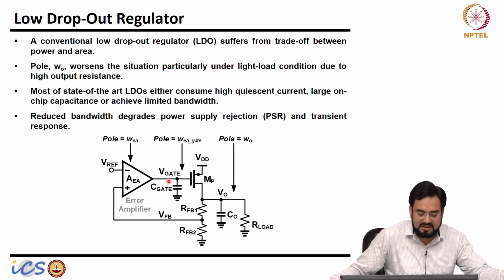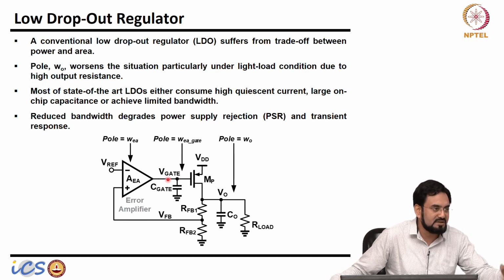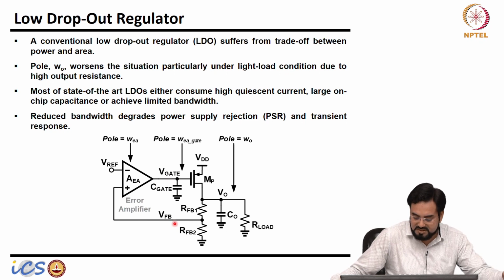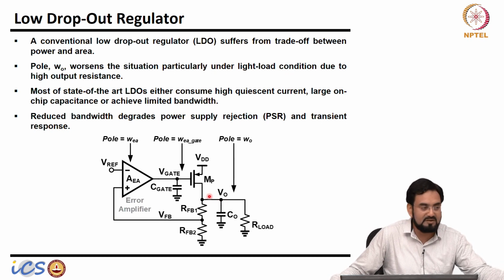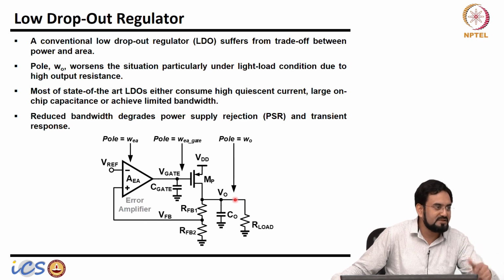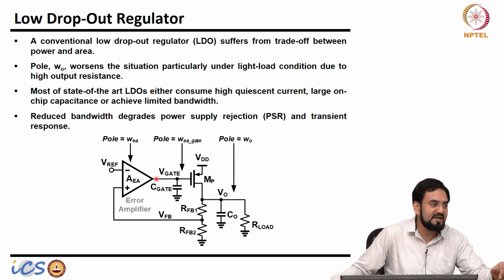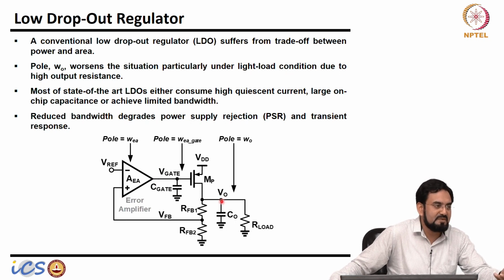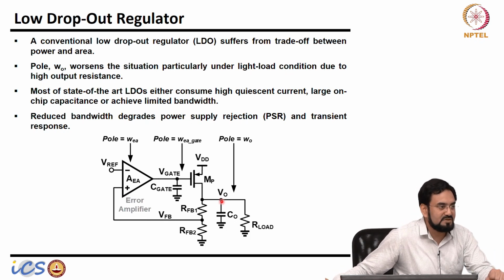So you may require some source follower or buffer, so that the R out at this node is much smaller, so that this pole is pushed outside and the output pole starts dominating. And we know at higher load this impedance will go low, and it will start moving outside again. So we have to make sure the separation is maintained. So the capacitor requirement will be much higher at maximum load.